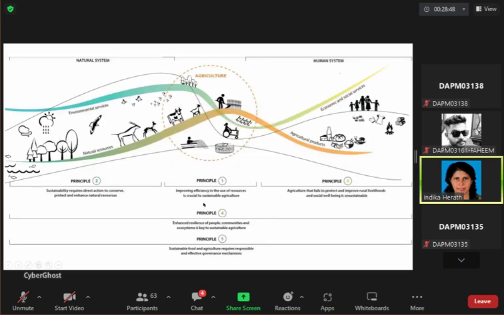So when we talk about the interaction of agriculture compared to the natural systems, for example, the most commonly used best example for a natural system is a forest. If you go to a forest, you can see that there are a number of plants, right?